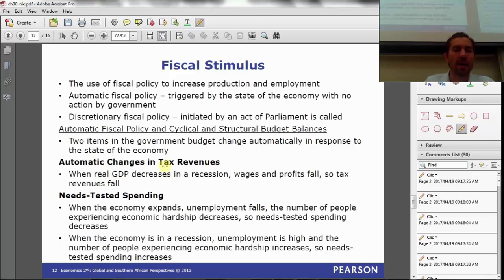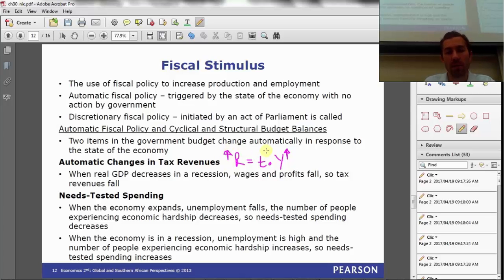How does tax revenue change automatically? Well, remember, tax revenue is T times Y, okay? Without changing the tax rate, if Y increases, what's going to happen to revenue? It's going to increase, right?